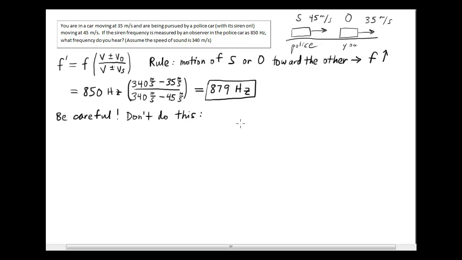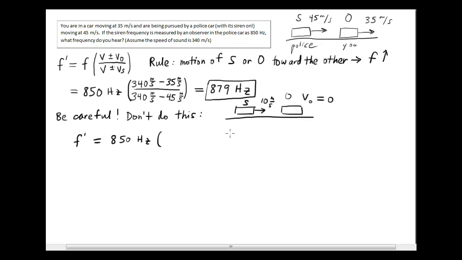Don't do this, which would be to redraw the picture with, right, the observer at rest, VO equals 0, and with the source moving still toward the observer at 10 meters per second. If we do that, we'll see right away that we'll get the wrong answer, because we'll end up with 850 times a fraction.